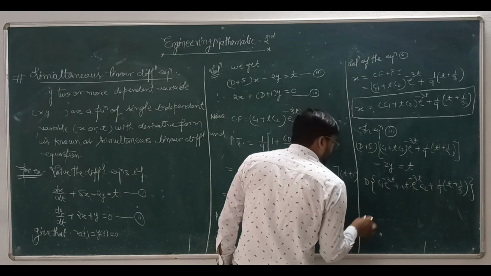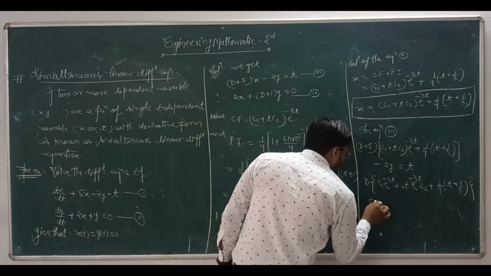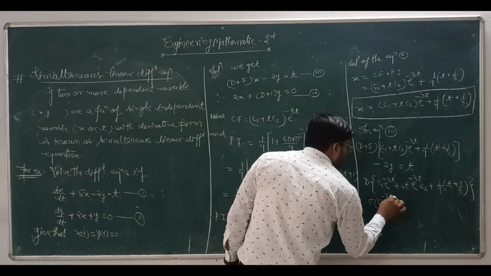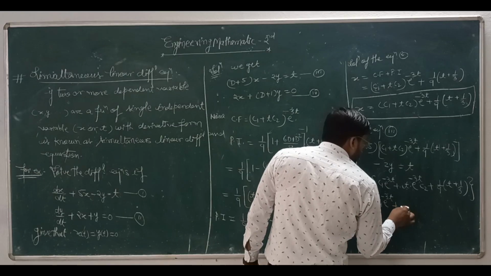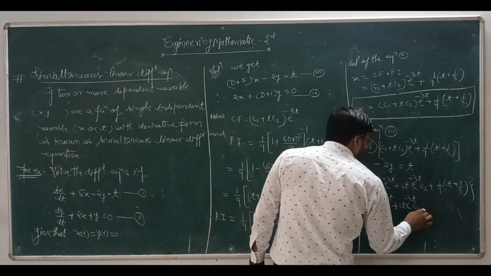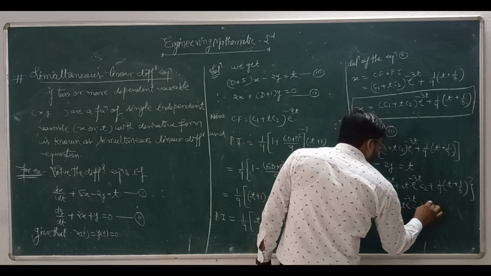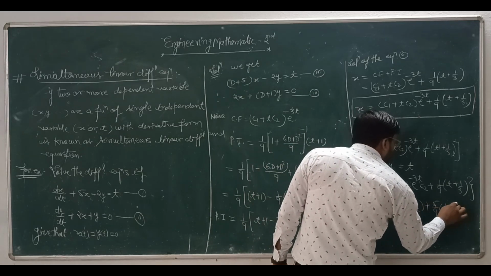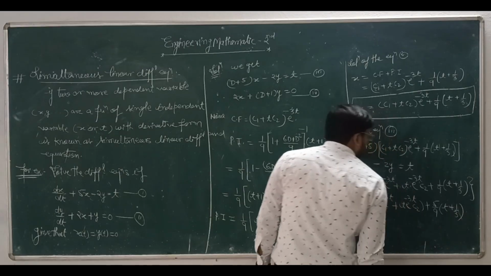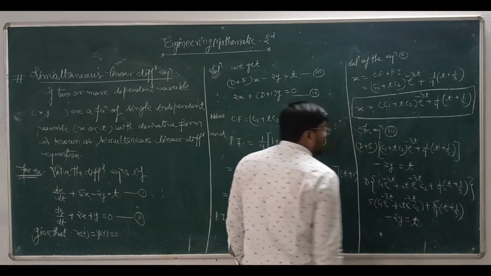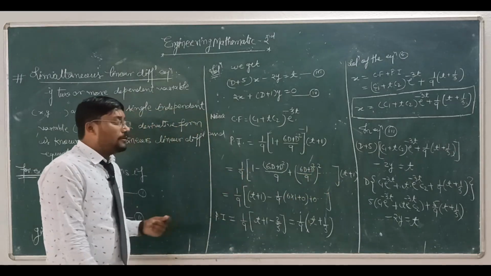Now multiply of 5, you can write 5 c1 e to the power minus 3t plus t e to the power minus 3t into c2 plus 5 by 9 t plus 1 by 3 minus 2y is equal to t. You can note down this equation.